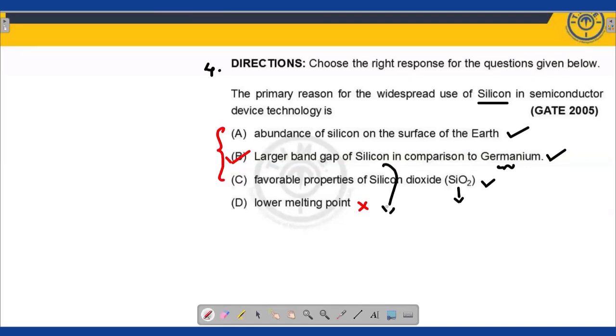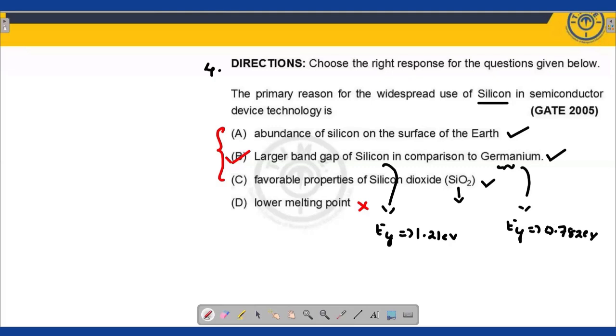The band gap is indicated simply by the energy gap. The energy gap of silicon is 1.21 electron volts. But the energy gap of germanium, Eg, is 0.782 electron volts.